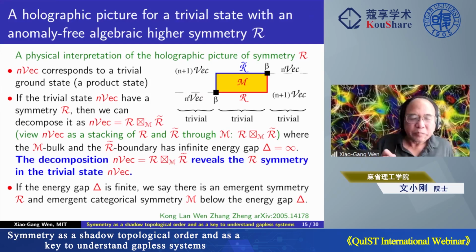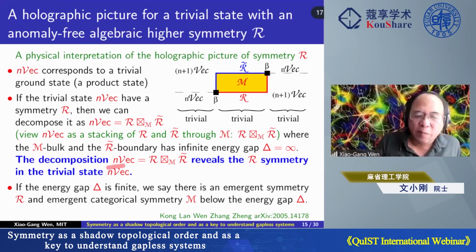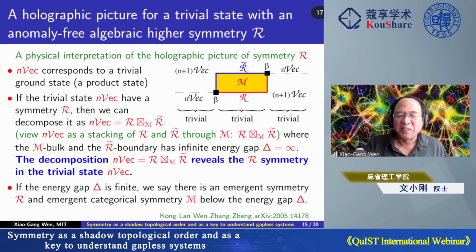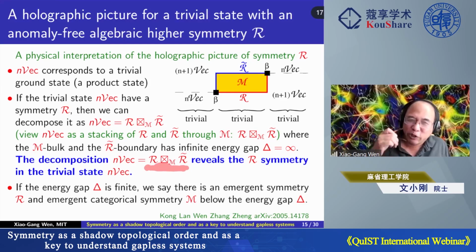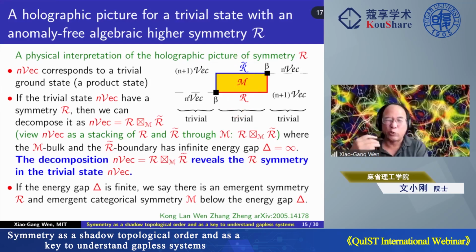Okay. So this is really the central thing. This decomposition reveals the symmetry. Again, this decomposition is written as R tensor product with R tilde through this M. This is a very formal mathematical notion of a tensor product, but it actually has a very geometrical, physical interpretation as this stacking structure, stacking through a bulk basically.